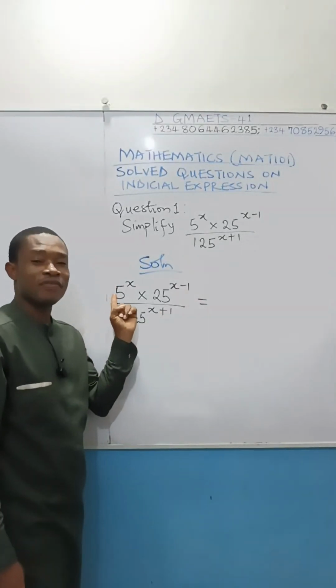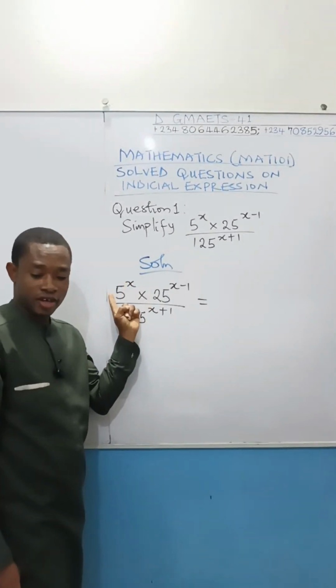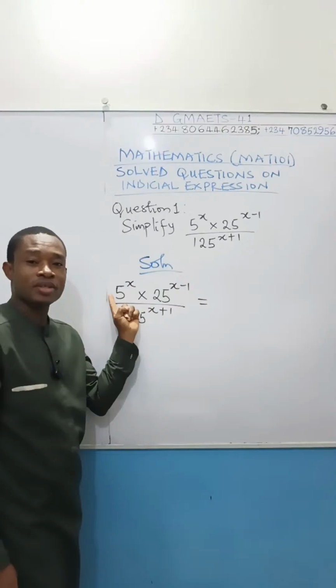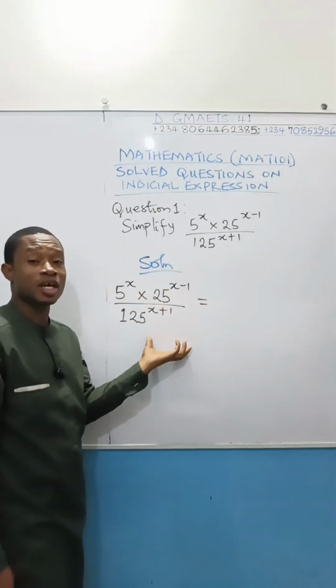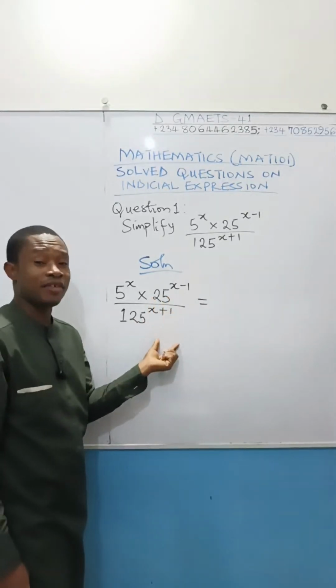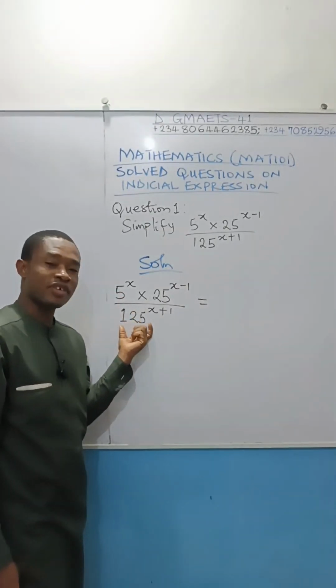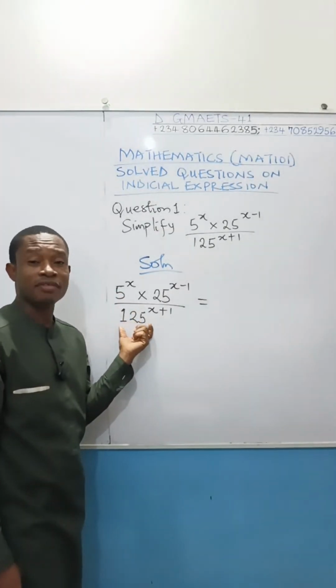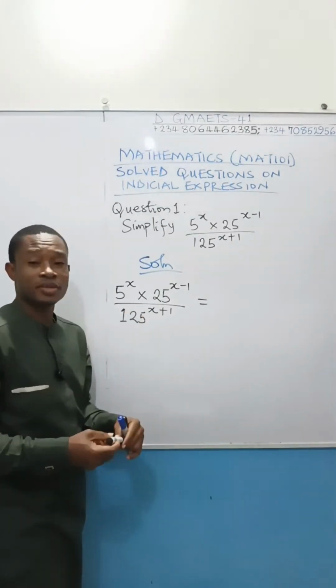And here we have 5 raised to the power x. You can no longer break down this 5. 5 is a prime number. So this 25 can be broken down to base 5 so that it will have the same base here. And this 125 can also be broken down to base 5. So we can use that knowledge to simplify this.